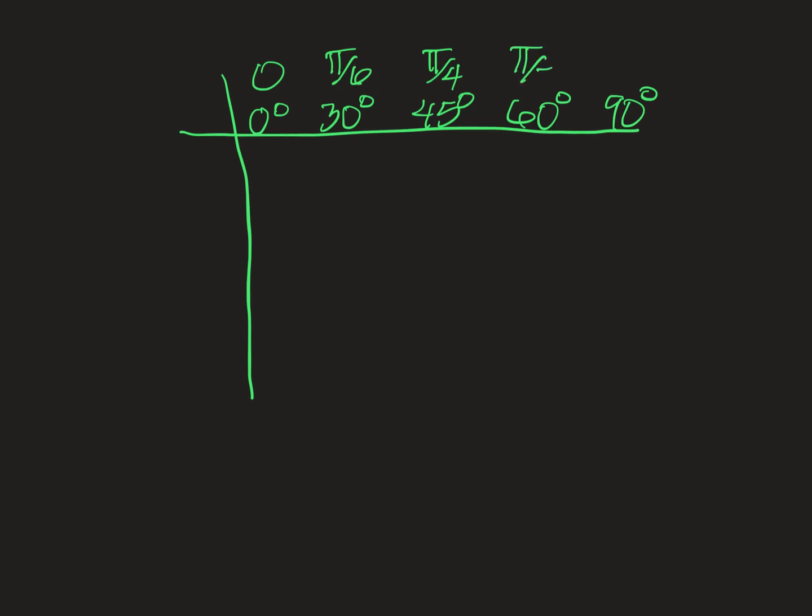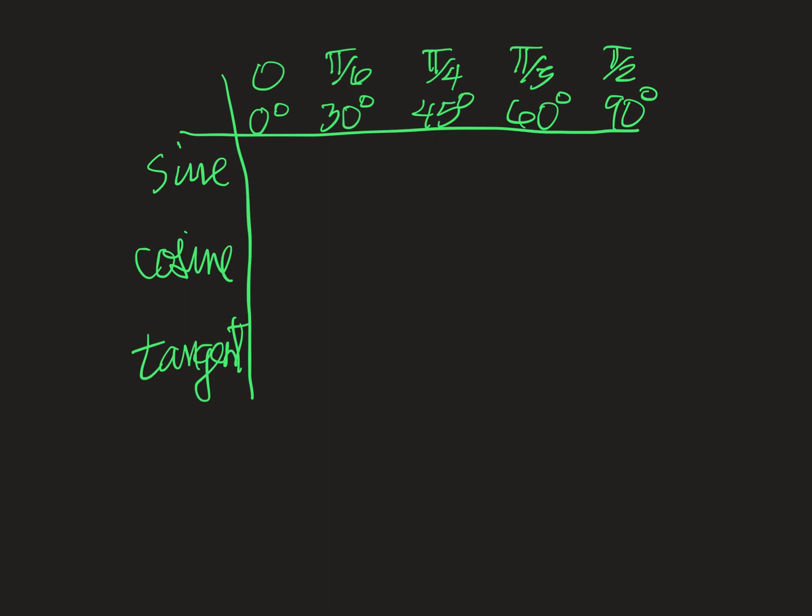And we've done this before, but we have 0 degrees, 30 degrees, 45 degrees, 60 degrees, 90 degrees, which are 0 radians, pi over 6 radians, pi over 4 radians, pi over 3 radians, pi over 2. And I always say sine, cosine, and tangent. I always say them in that order, okay?